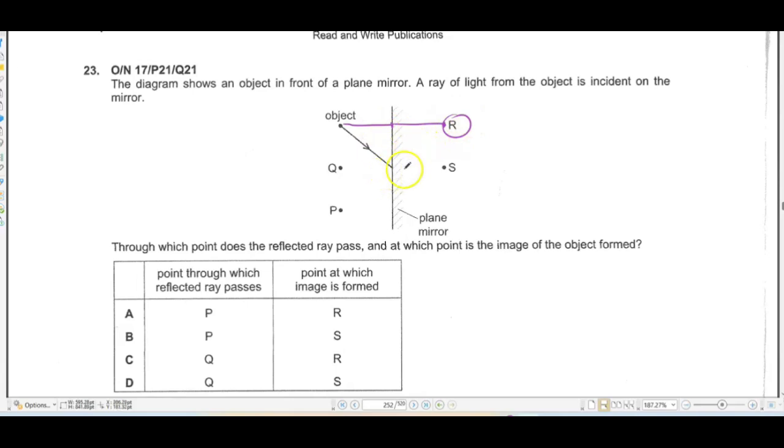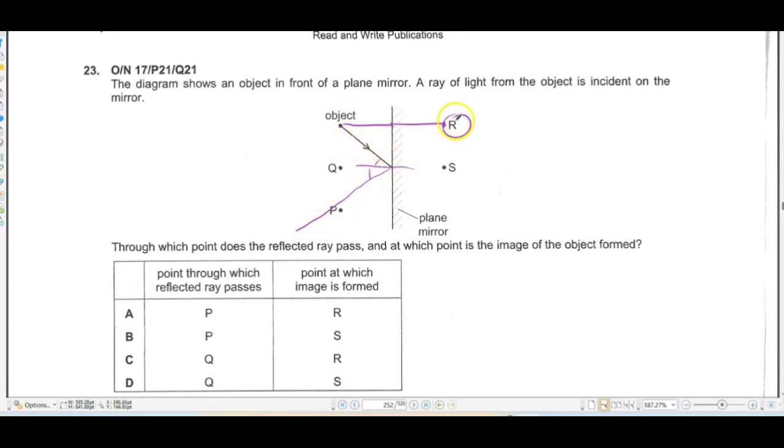And for the reflected ray, draw the normal, and I think it's going to pass through P. I'm sure it's going to pass through P. If I had a ruler, I would have drawn it correctly and taken care of the angles as well.